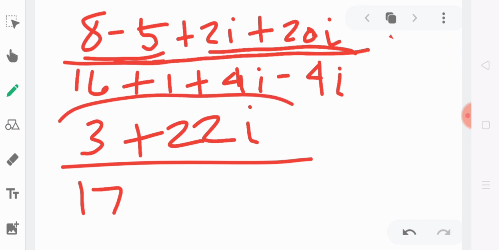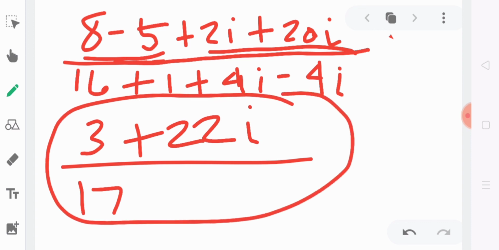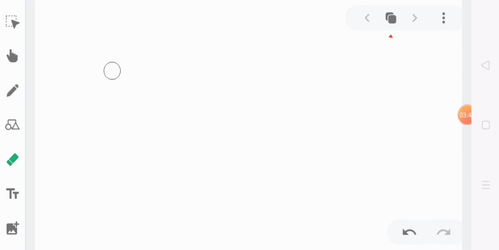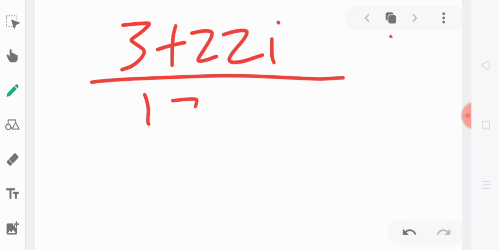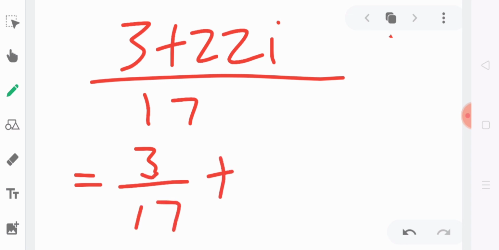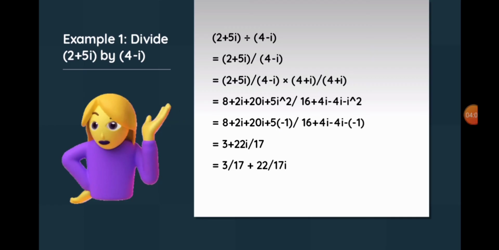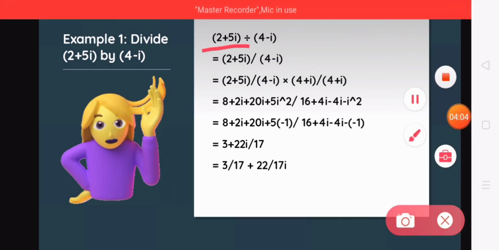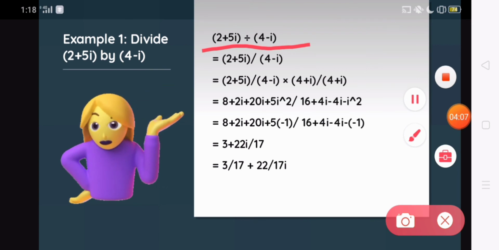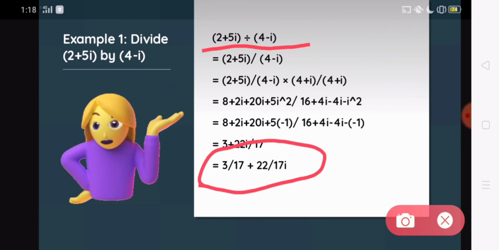So our final answer is 3 plus 22i over 17, or 3 over 17 plus 22i over 17. So that's the final answer. When we divide 2 plus 5i by 4 minus i, the answer would be 3 over 17 plus 22 over 17i.